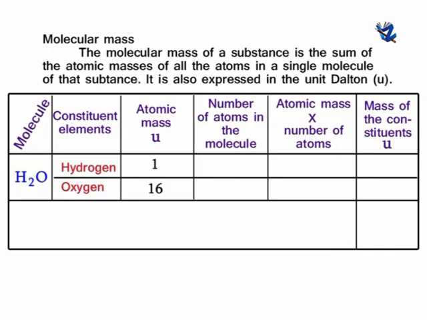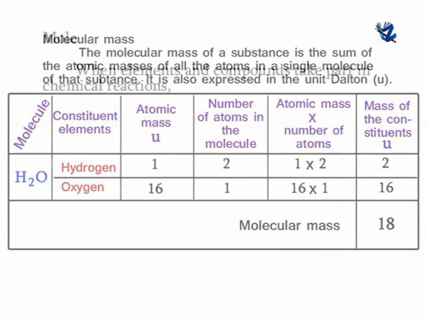The atomic mass of hydrogen is 1 U and that of oxygen is 16 U. The number of atoms in the molecule are 2 hydrogen atoms and 1 oxygen atom. Therefore, atomic mass into number of atoms is 1 into 2 and 16 into 1, that is 2 plus 16, that is 18. So, the molecular mass of water is equal to 18 U.